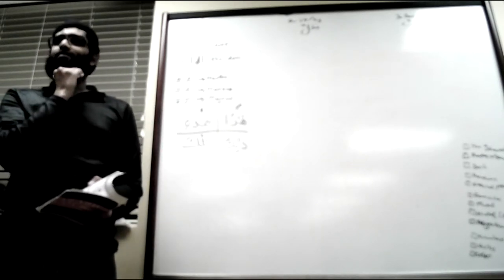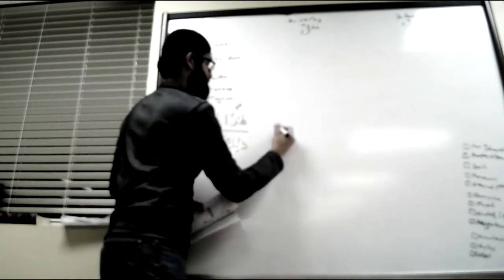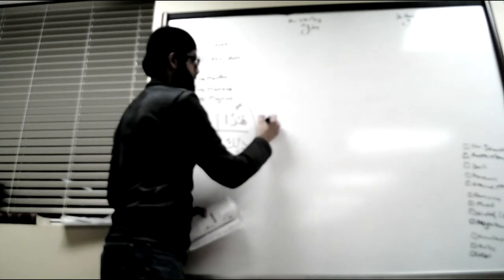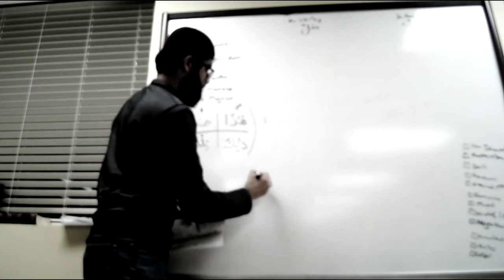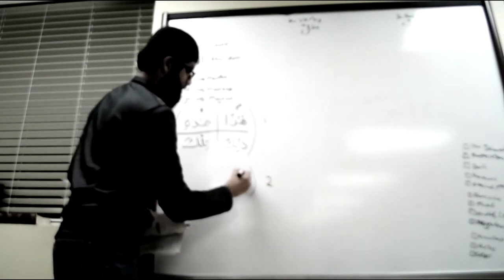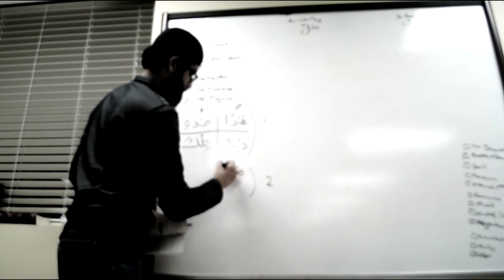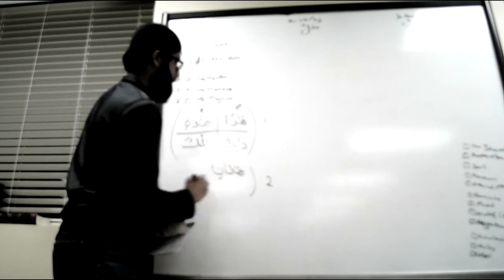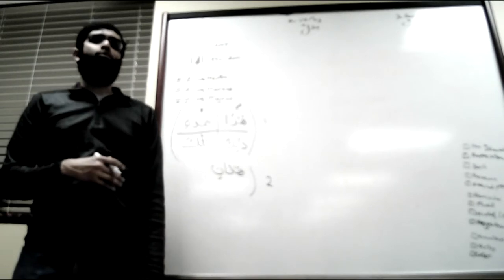No, that's plural. It's like hatani, you said it. But instead of hatani, it's hadani. There you go. So this is singular. If I want to go to two, I'm going to say hadani. So this is when there are two things.